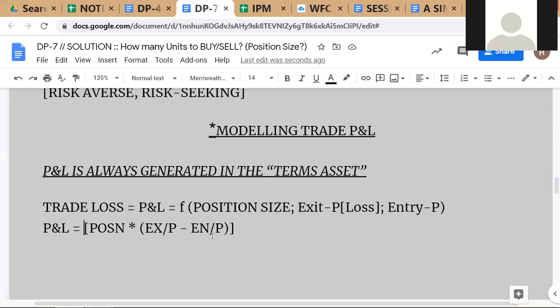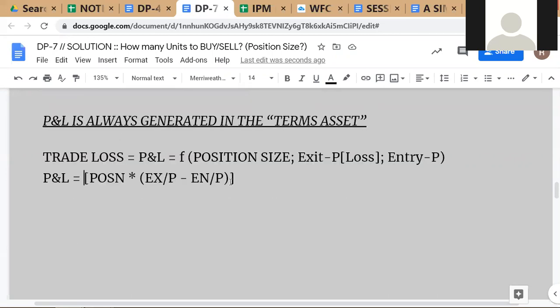The way you would figure it out, obviously, is position size times exit minus entry. So eventually everything else flows from this basic concept. But in certain situations you will have to be a little more careful because there is a lot of detail involved. So we'll see how that happens.